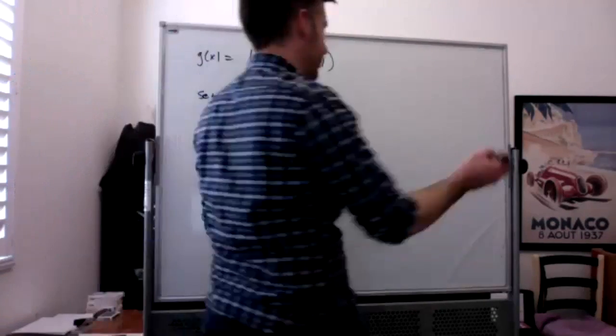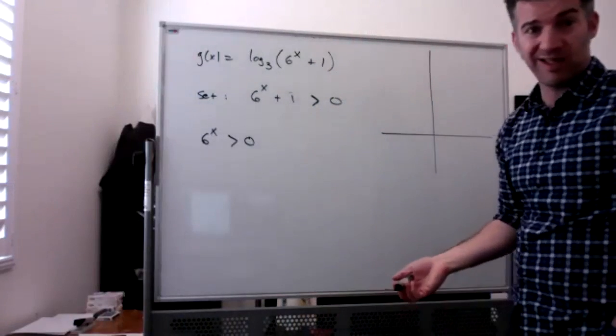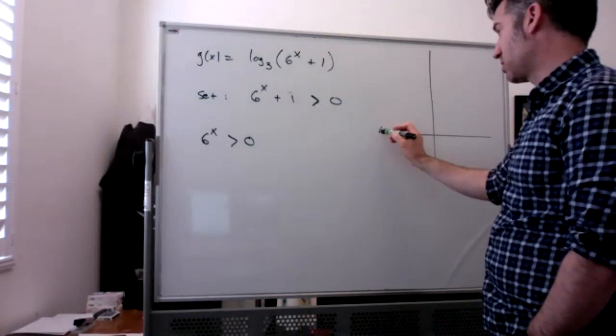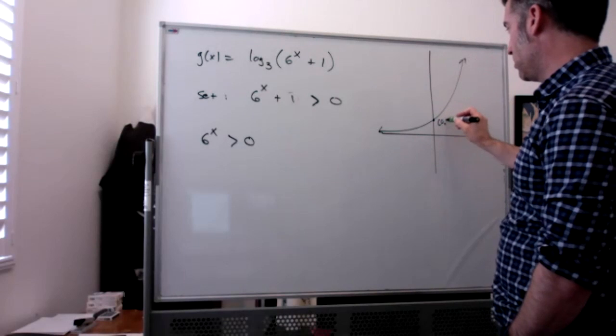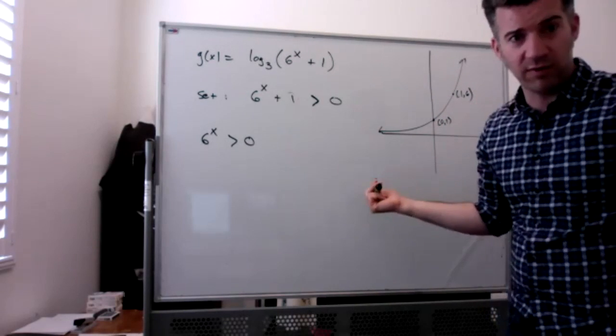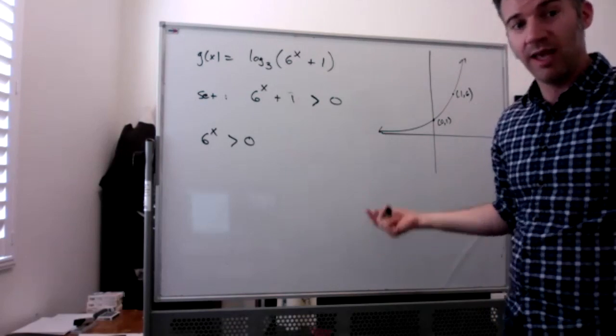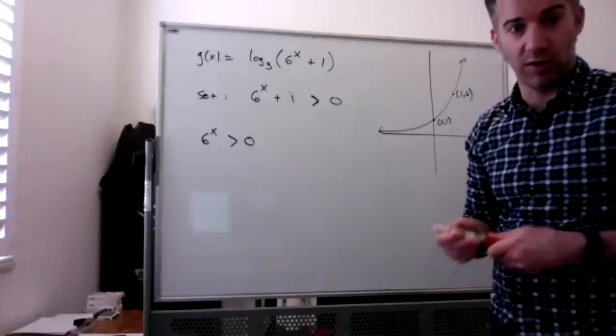And again, to go back, you're graphing exponential functions. If you graph something like 6 to the x, it looks like this. It has an intercept at 0, 1, and another point at 1, 6. Every exponential function that has a base larger than 1 has this shape. If you pick a different base, it's going to look similar, but a little bit different.